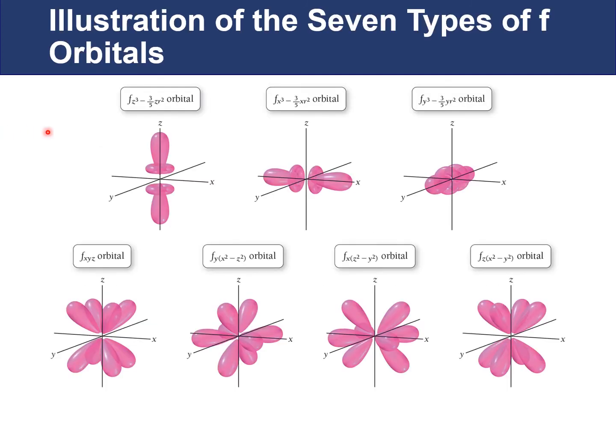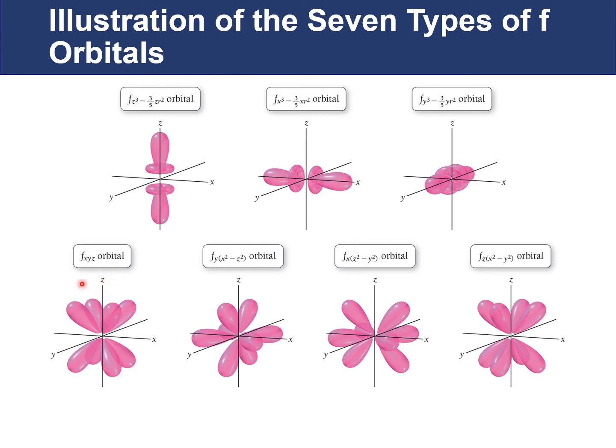Here are illustrations of the f orbitals. The top 3 are those that have the p-like orbitals with 2 toroids around them. The bottom 4 are the ones that have the 8 lobes that kind of look like two series of X's. So they will have three sets of planar nodes that bisect them.